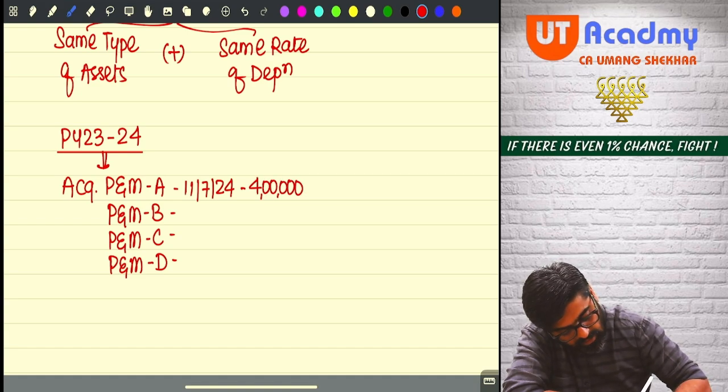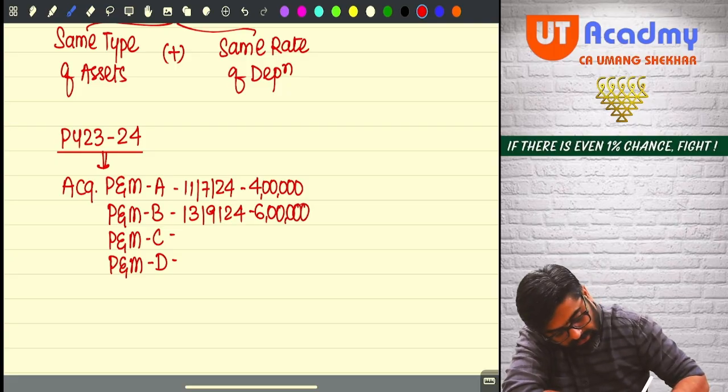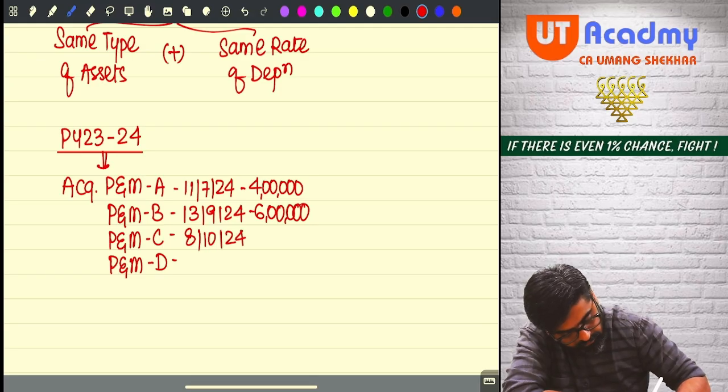Another was purchased on 13th of September 2024 for rupees 6 lakhs. Another was purchased on 8th of October 2024 and the cost of that was 5 lakhs.